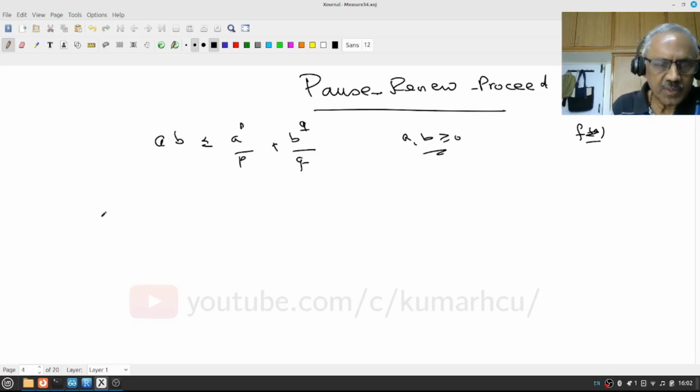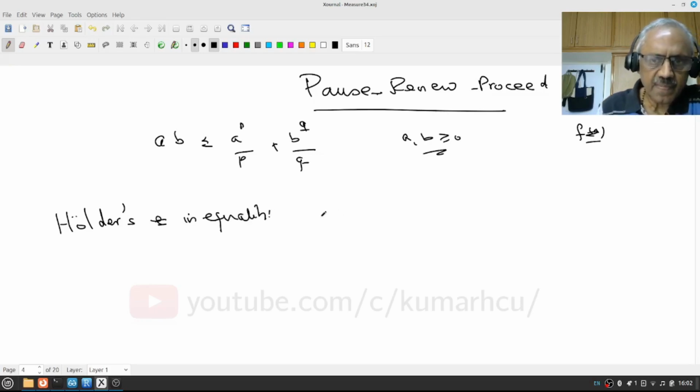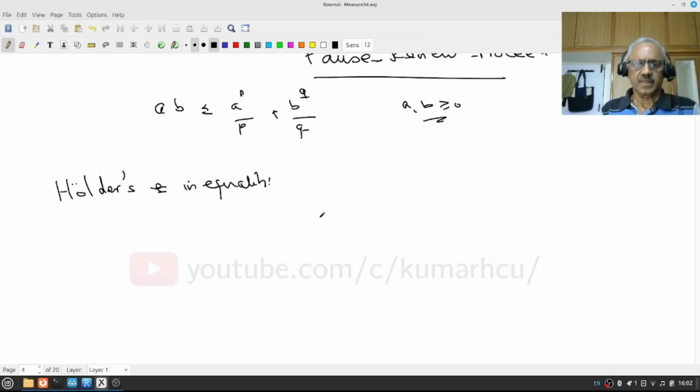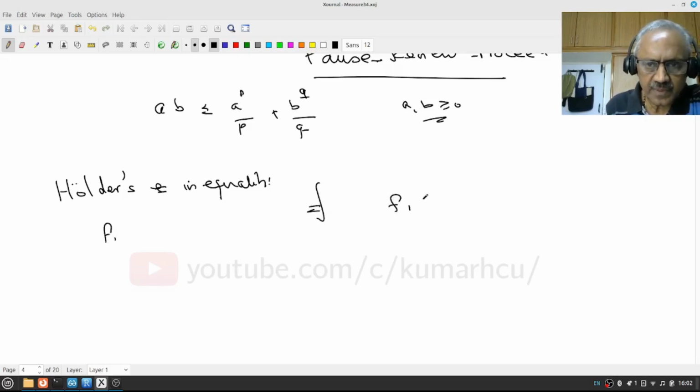So what we want to prove is Hölder's inequality. I think I proved it in the last session. What did we do? Hölder's inequality: let f, g from X to the reals be measurable.